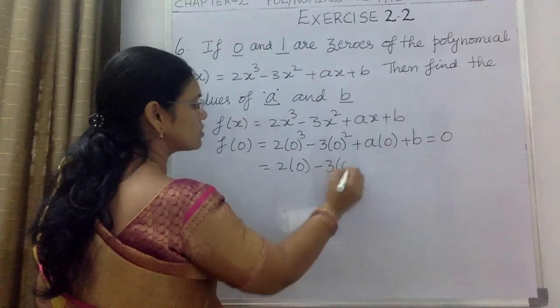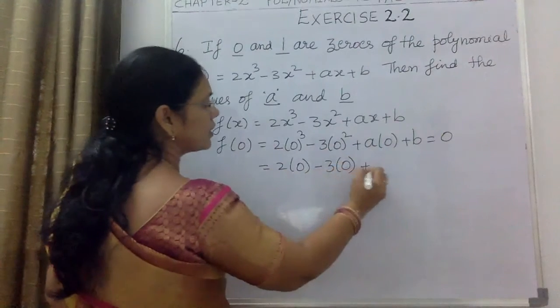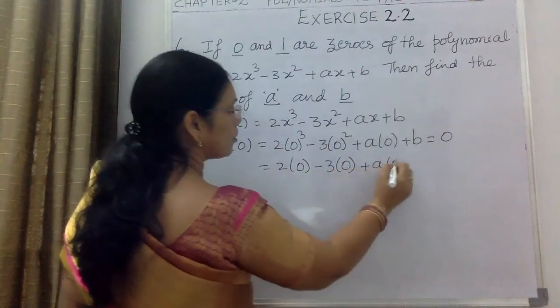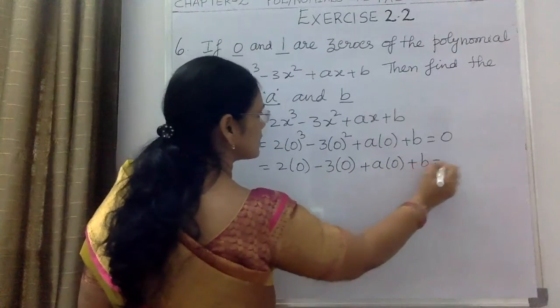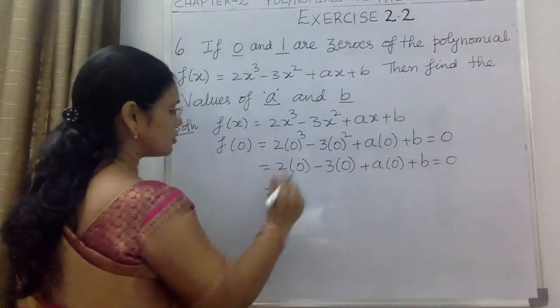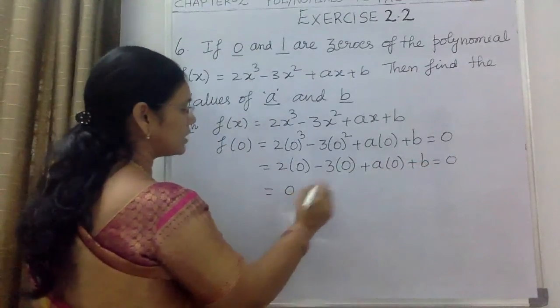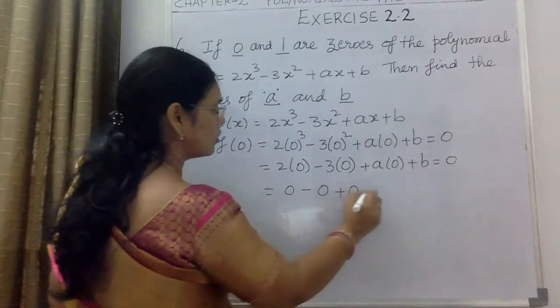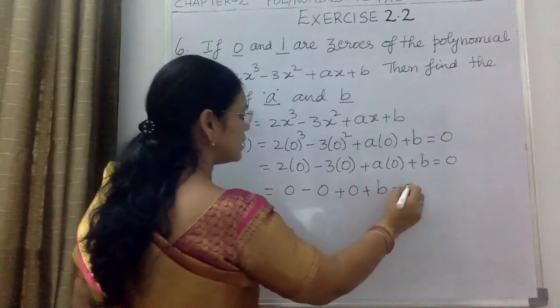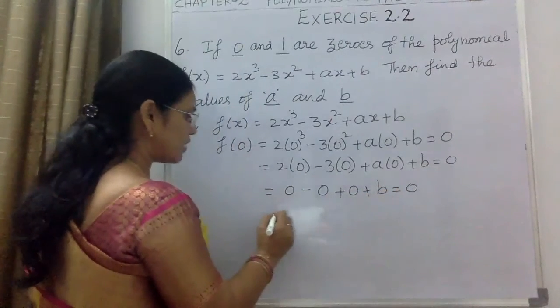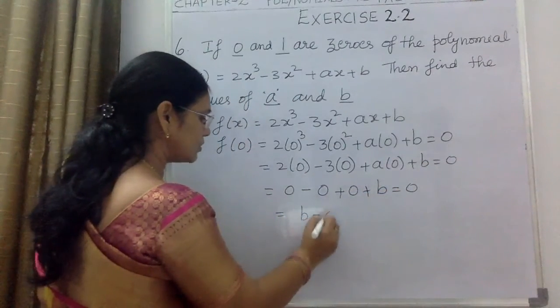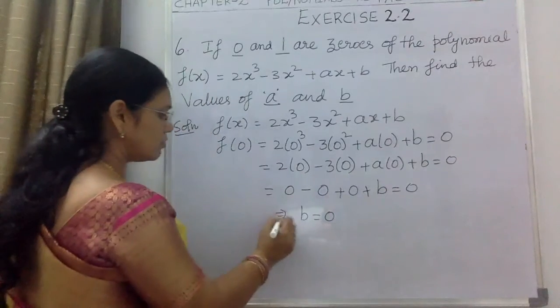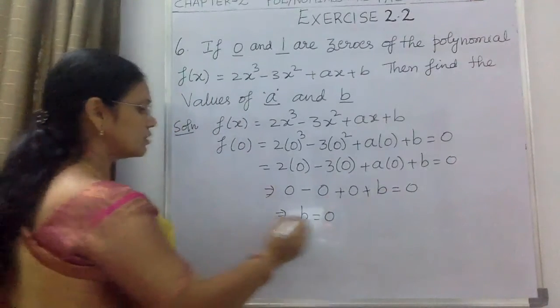Here also 0 square will become 0. A into 0 plus b equals 0. Now 2 into 0 is 0, minus 3 into 0 is 0, a into 0 is 0. Only b is left here. So the value of b is also 0.